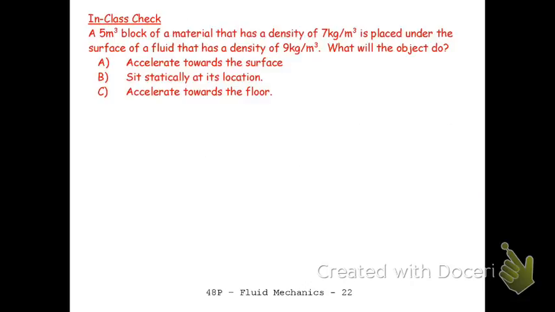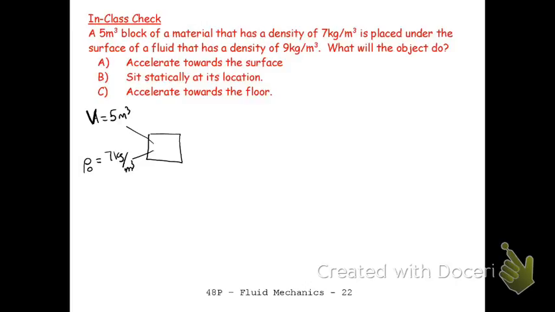A 5 cubic meter block of material has a density. Here's my block of material, and its volume, V, is equal to 5 meters cubed, and the density is equal to 7 kilograms per meter cubed. Let's be careful: that's a volume, not an area.